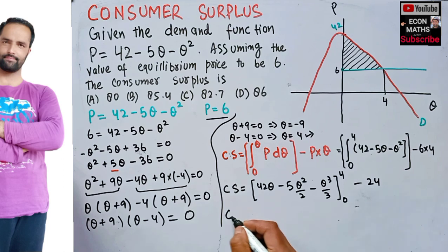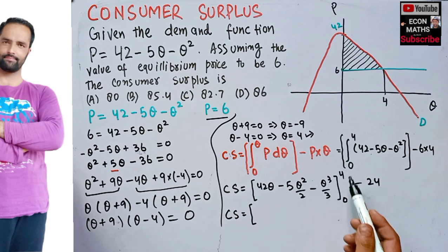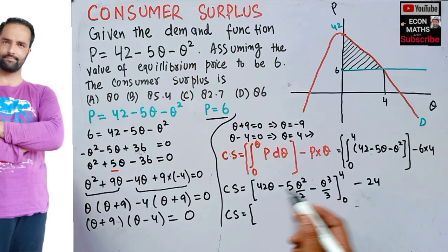Okay, let's solve it. So consumer surplus will be equal to, now we need to evaluate these terms at the upper limit, then subtract and evaluate these terms at the lower limit. Since the lower limit is 0, we will not evaluate it there because it will become 0. So let's evaluate it at the upper limit. That means putting q is equal to 4 in each of these terms.